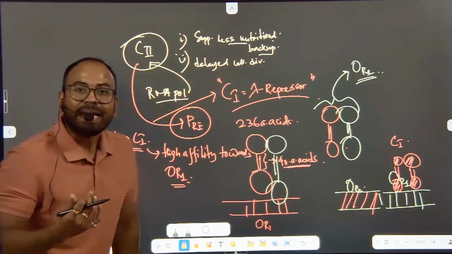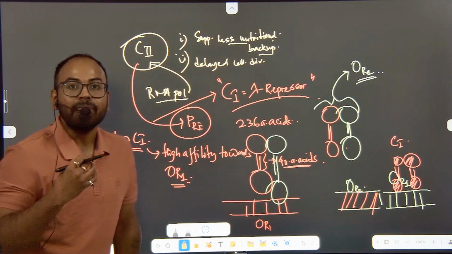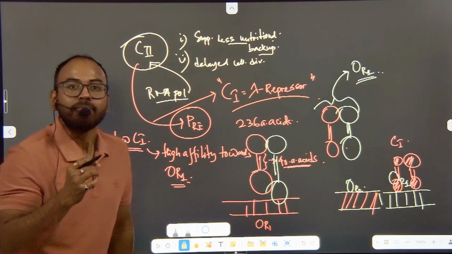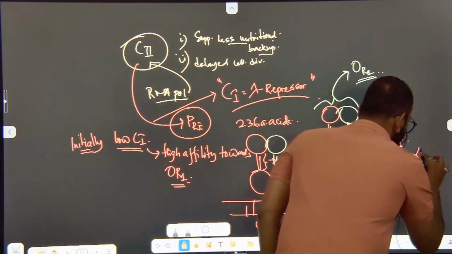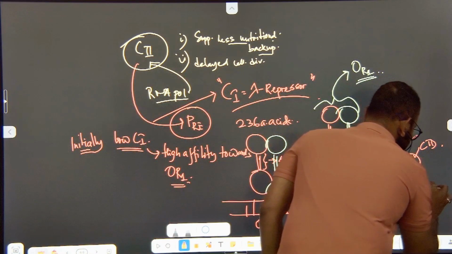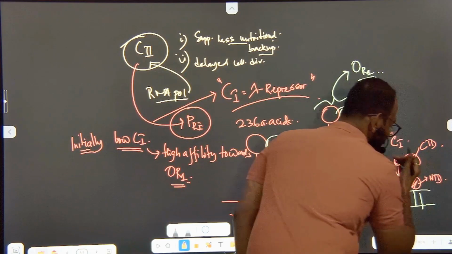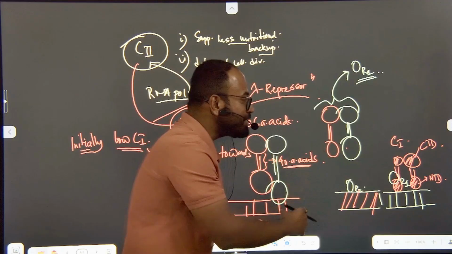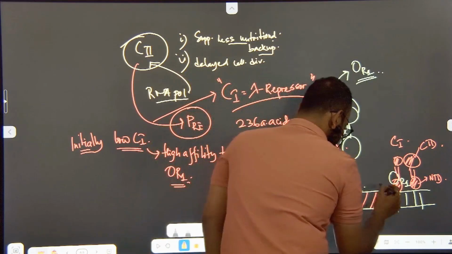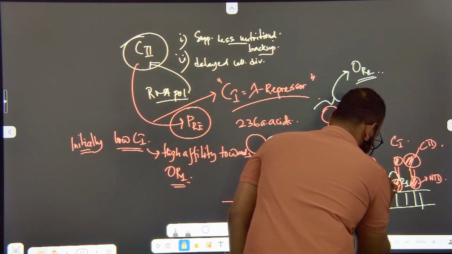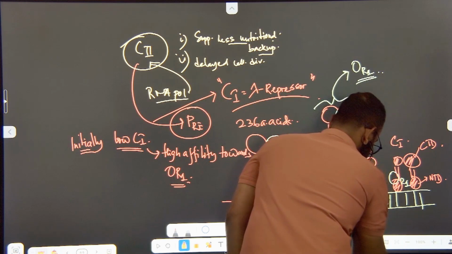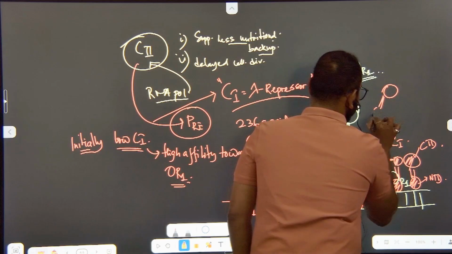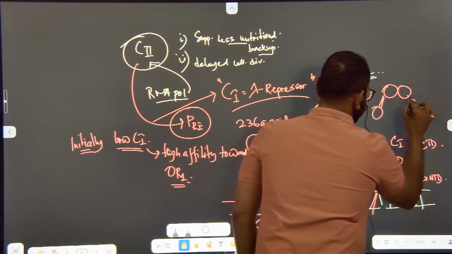And how does this binding take place? By means of the C-terminal domain. This is our CTD and this is our NTD. So the interaction will always take place through the CTD.